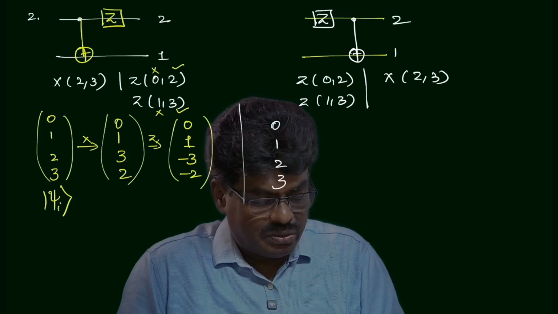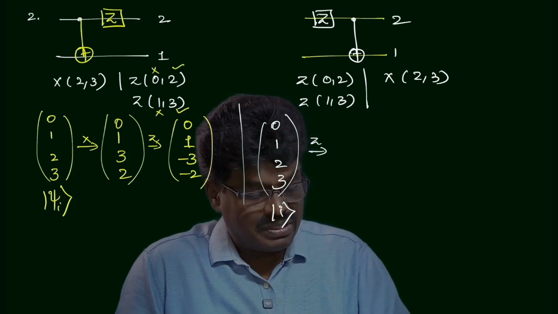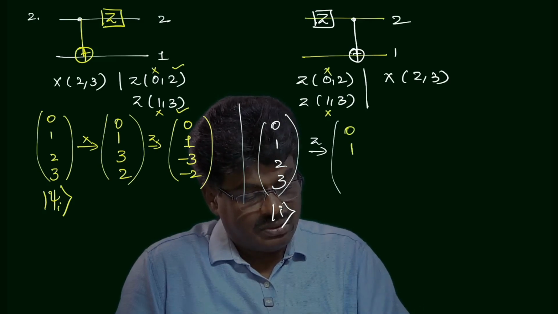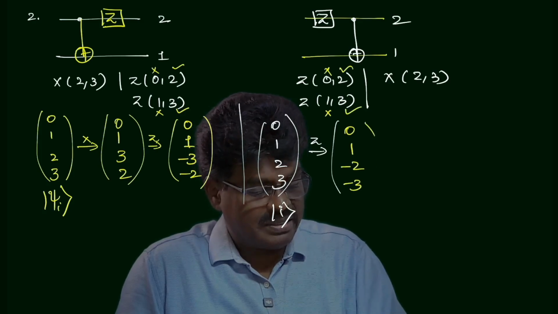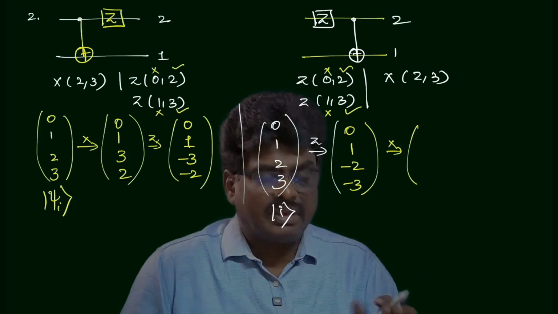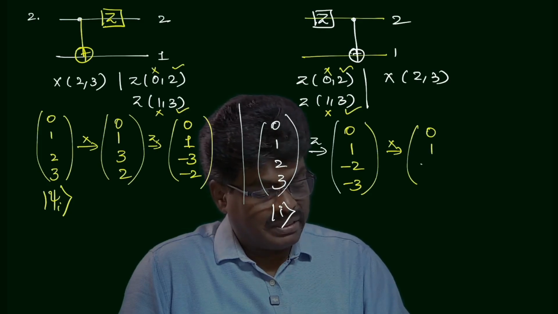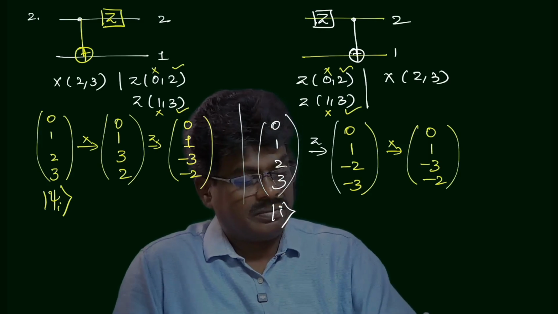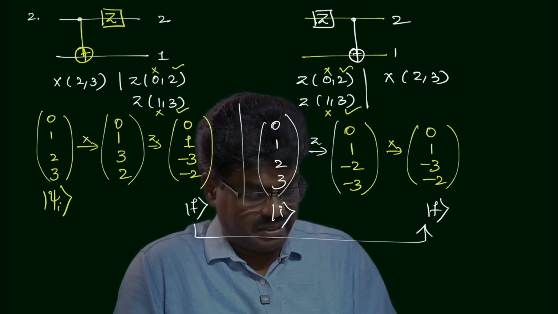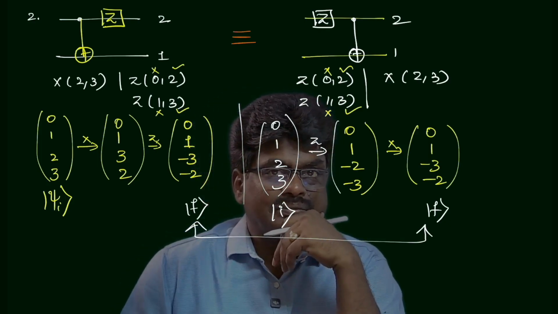So 0 1 2 3, this is the initial state, and here z operation, so 1 is off, 2 is on, 3 is on, minus 2 minus 3, and x, I'm using that on and off notations only. Okay, so next one 0 1, it flips 2 and 3, minus 3 minus 2. Now this is the final state, and this is the final state, and both are same. So that's why we can conclude that these two quantum circuits are equivalent.